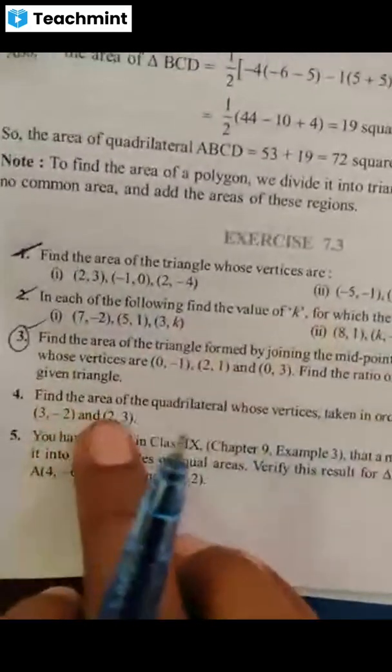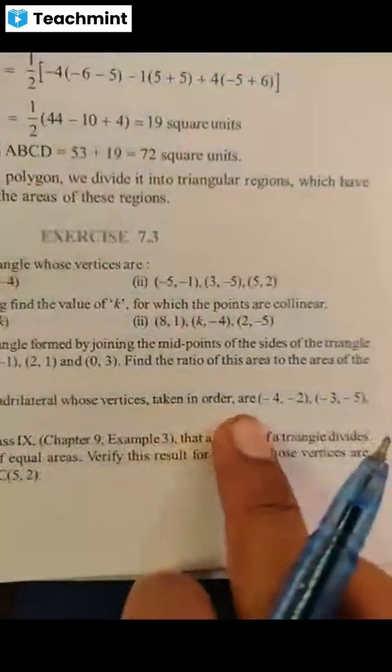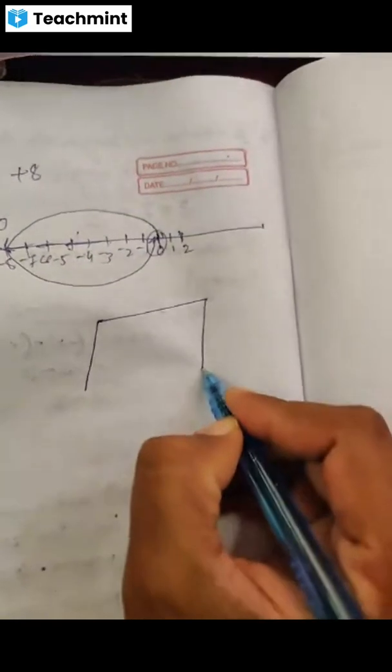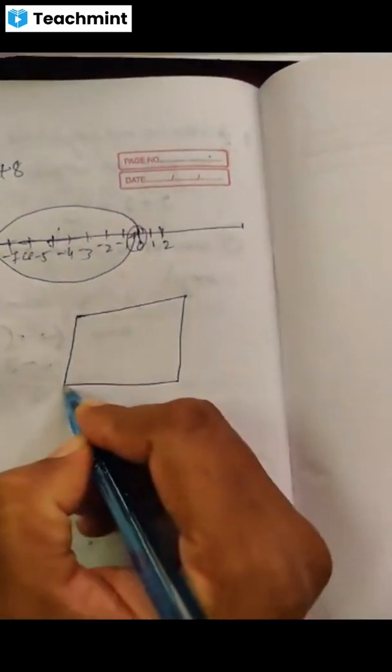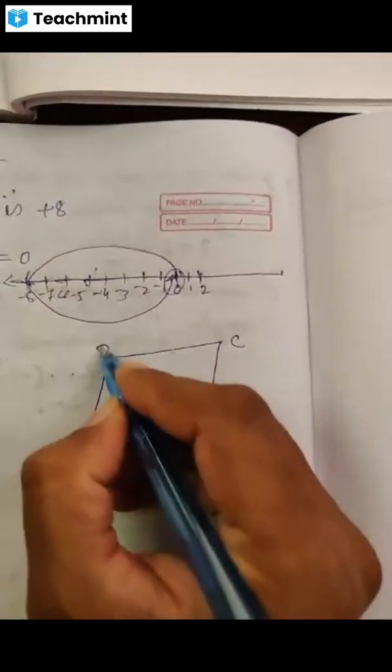Okay, so find the area of the quadrilateral whose vertices are taken in order. Solve it yourself; I only give you a hint. First draw a quadrilateral of any type. ABCD is a quadrilateral.